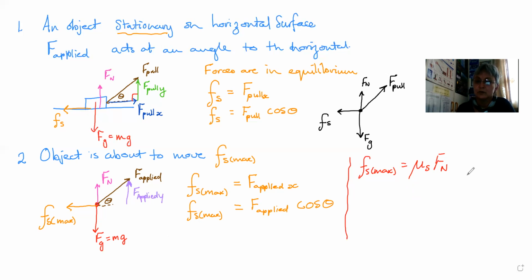The normal force and the component of the applied force in the y direction will be cancelled out by the gravitational force. So the normal force would be equal to Fg, the gravitational force, minus the applied force's y component.